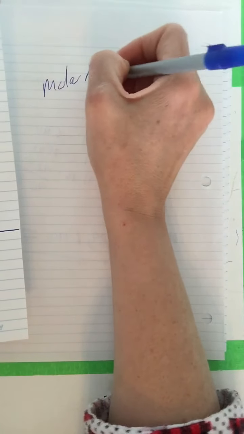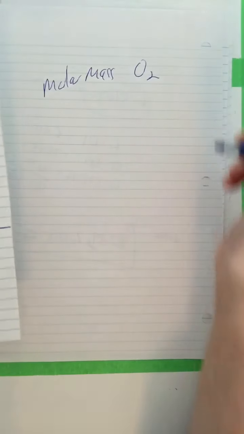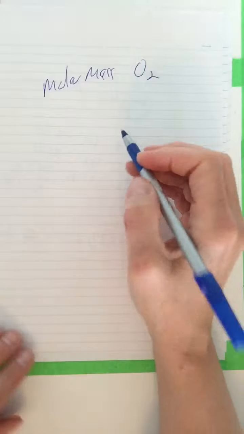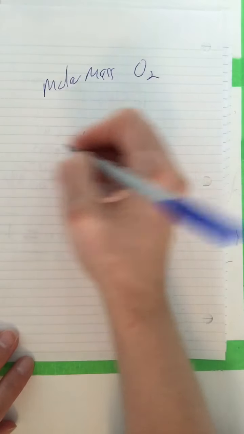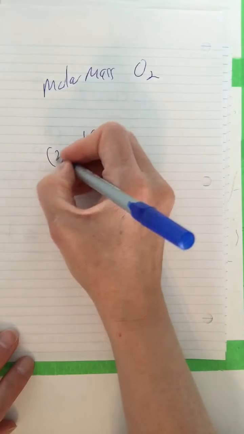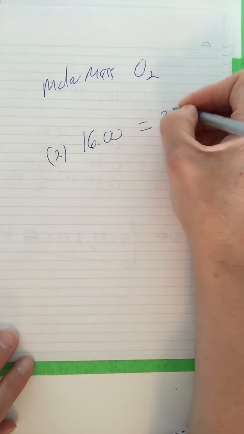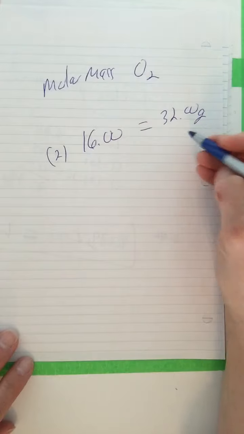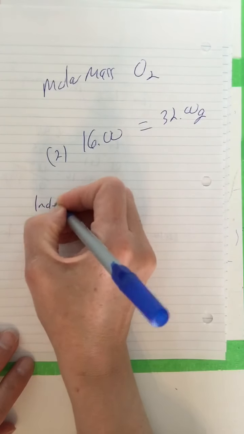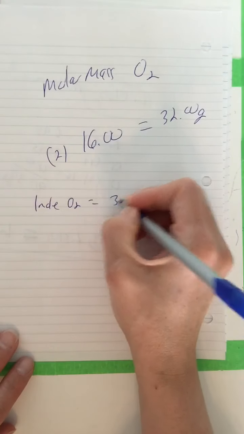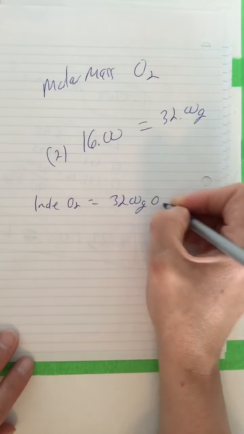What's the molar mass of O2? Okay, so the molar mass of O2 is, well, oxygen is 16, and there's 2 of them. So it's 32 grams. So I get to say 1 mole of O2 is equal to 32 grams of O2.